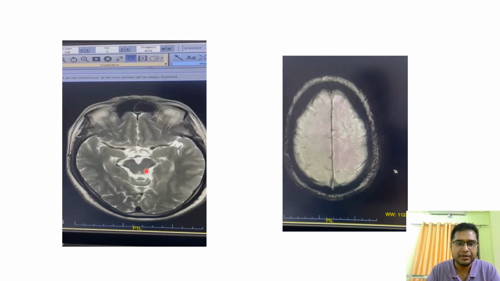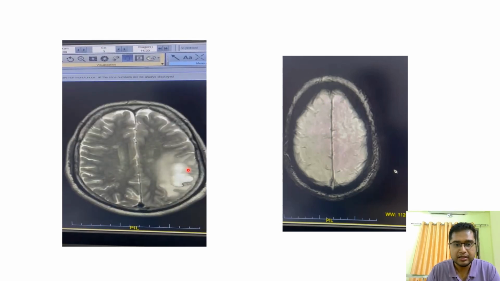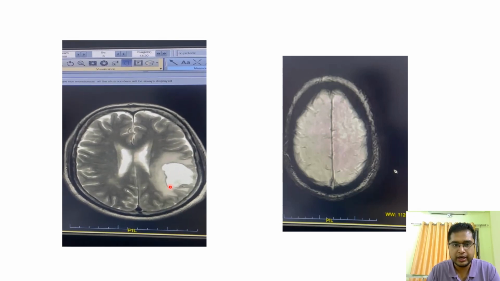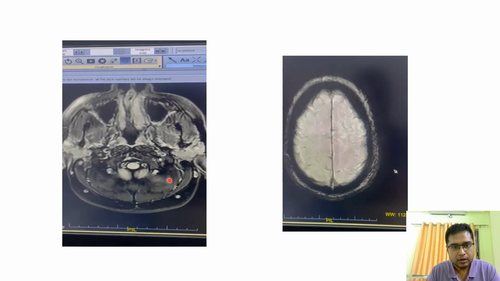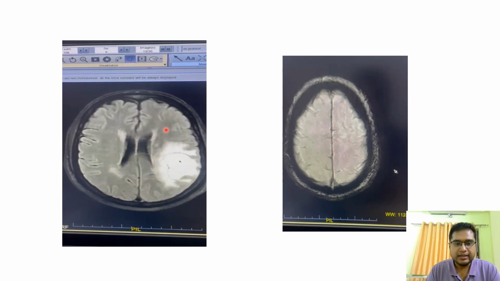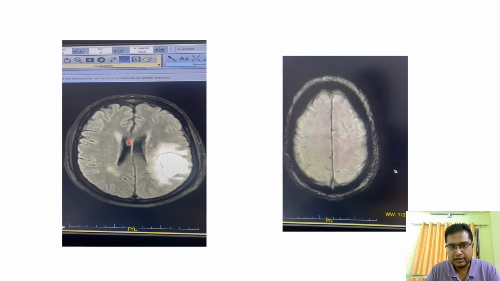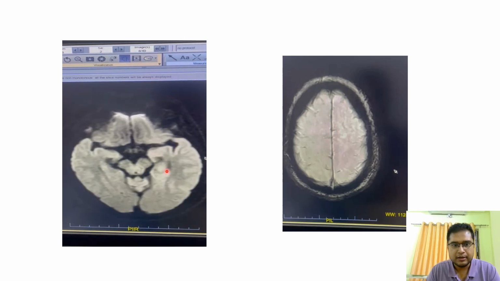Then these are the T2 weighted images. Again, this area appears intensely hyperintense throughout with surrounding vasogenic edema. And these are the FLAIR images where we can appreciate the edema very well, and this hyperintense area remains.